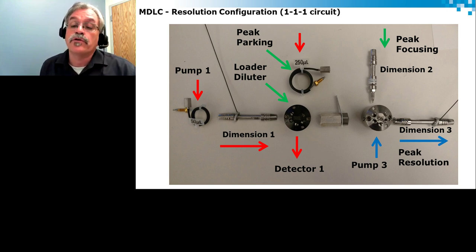So now that means dimension 1 and dimension 3, which are the high resolving dimensions, can be operated independently from one another, and it is a bit different from the dual loop combination. Now this one here, the loop between dimension 1 and dimension 3, can be optimized for different applications.